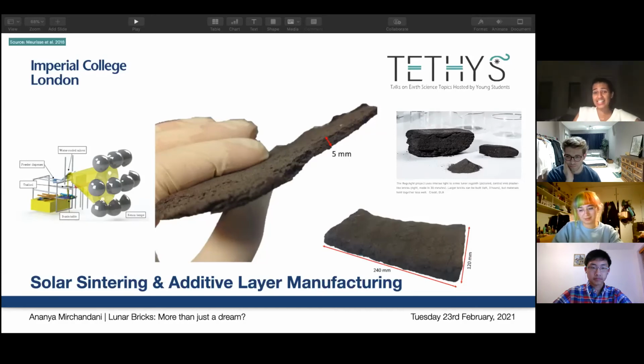In fact, this technology that ESA and the European Union are developing has already reached, or is progressing its way to, TRL5, which is essentially validating these results in the appropriate environment.